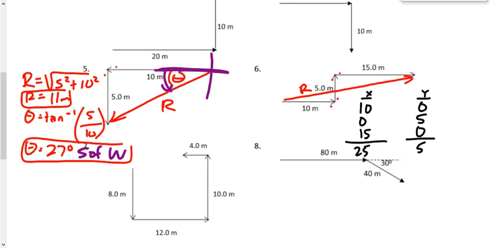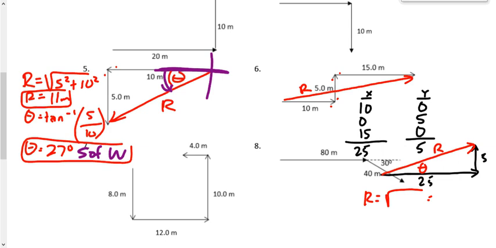Now let's redraw this as a simple right angle triangle. We have 25, we have 5. Our resulting vector is start to finish. We're going to solve for R in exactly the same way as we did in the last three questions. We end up getting a value of, to 2 digits, it actually works out to be 25 meters.